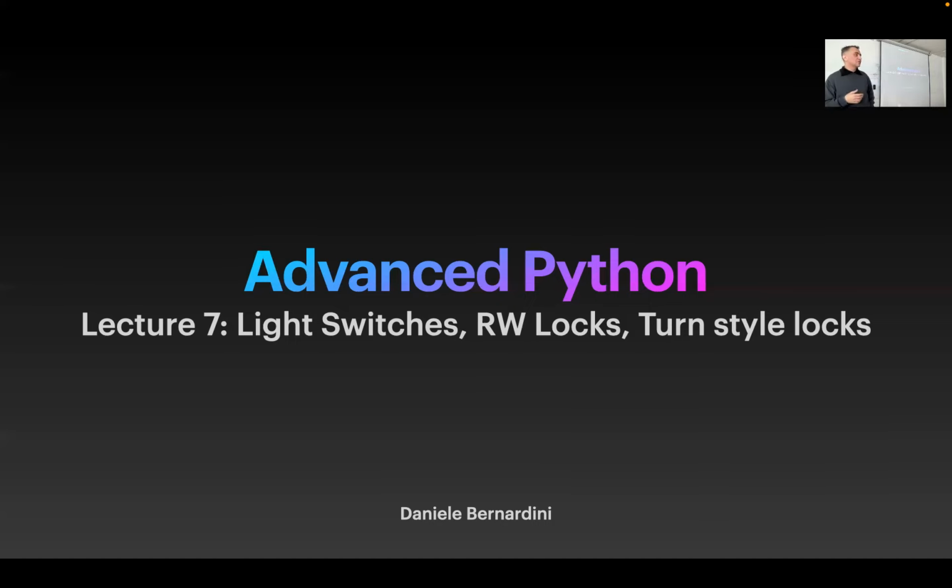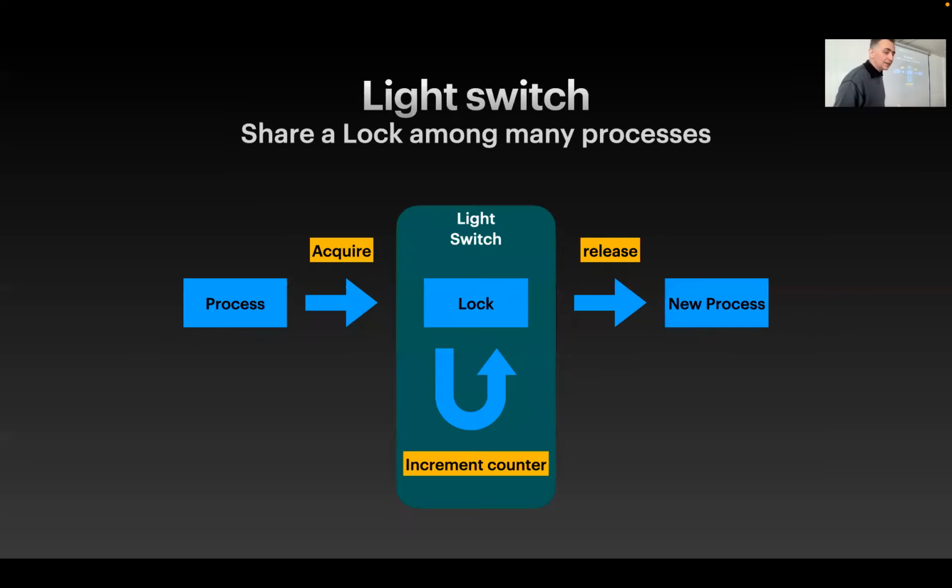To do that, we first need to understand how we can lock a resource with participating processes. All the processes share the same lock, and basically the first one locks it, and the last one out releases it. That's what light switches do, and we'll see how it's implemented. The basic idea is that a process coming in does not acquire the lock directly, it acquires this switch.